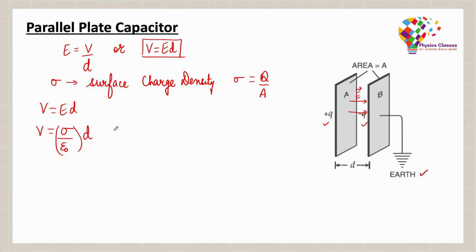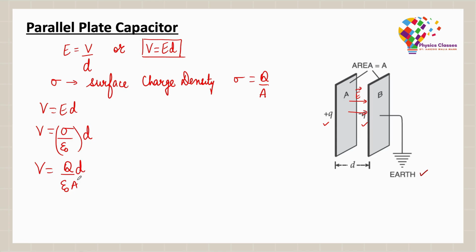Further, since my sigma is Q by A, I can substitute the value of sigma here. So this would be Q by epsilon naught A, into d. So my potential difference is charge times the distance between the plates divided by the absolute permittivity of free space times the area.